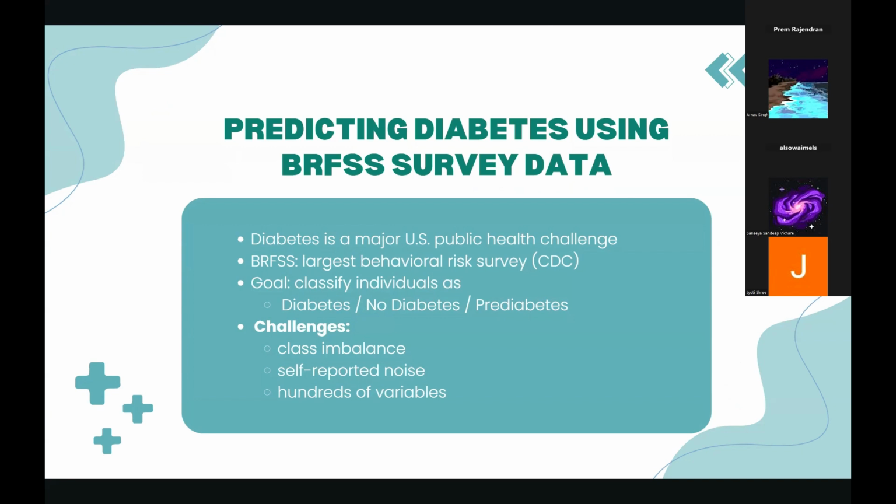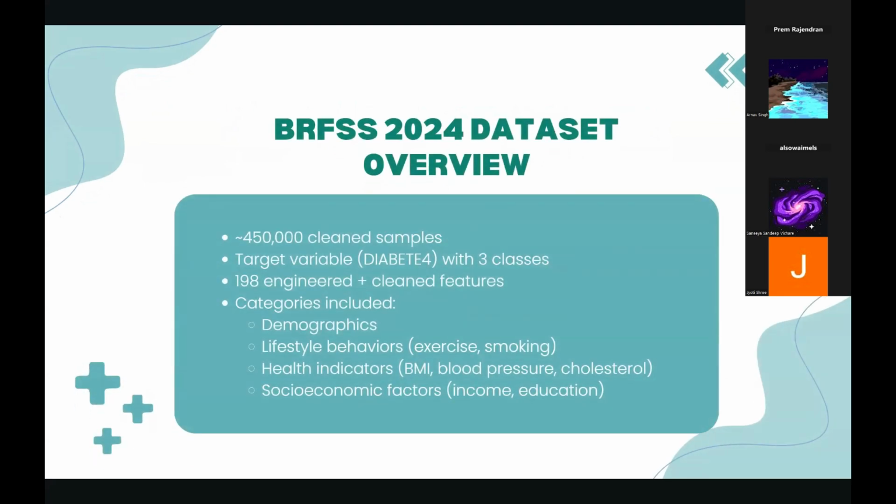This dataset was difficult because it's imbalanced, noisy, and includes hundreds of survey features. After cleaning, we ended up with around some samples and almost 200 features, and the target variable has three classes: diabetes, pre-diabetes, and no diabetes. We include demographic, lifestyle, and health-related variables, all of which have known associations with diabetes risk.